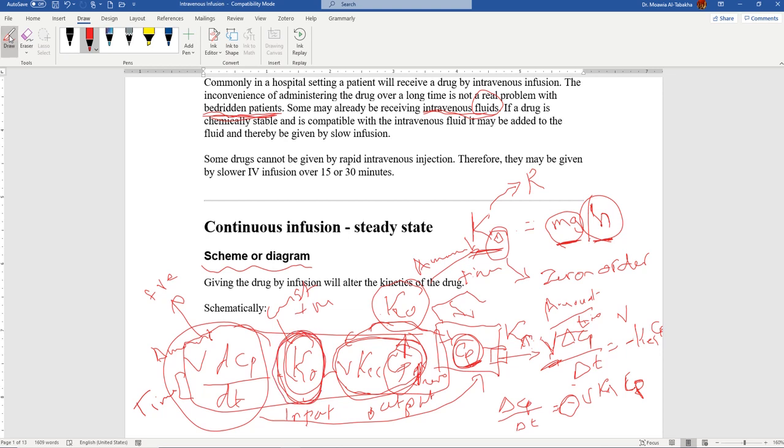So we have input equal to output, and in this case the change becomes zero. And this is when we reach what we call steady state concentration, which is Cpss. When we reach Cpss, that's it, steady state. Steady state means constant concentration, and this equals this, meaning whatever gets in gets out. So the concentration stays the same, and we call it steady state concentration.